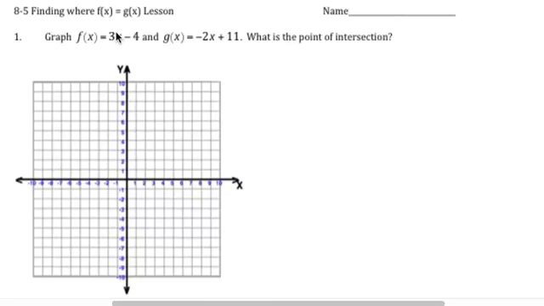Okay? So we need to start by graphing our y-intercept, which right here is -4. So we're going to go down to -4, and we're going to put a dot at -4. And then we're going to use our slope, which is 3/1 right here. So we're going to go from our y-intercept, up 3, right 1.